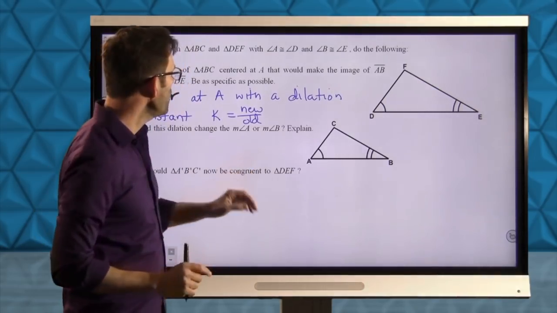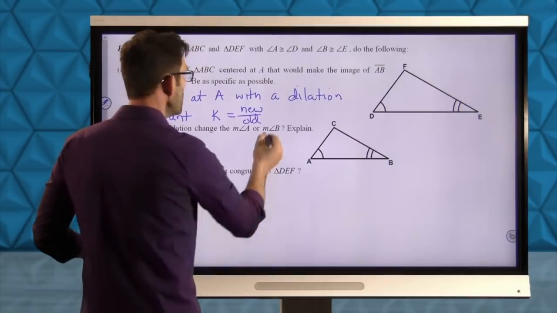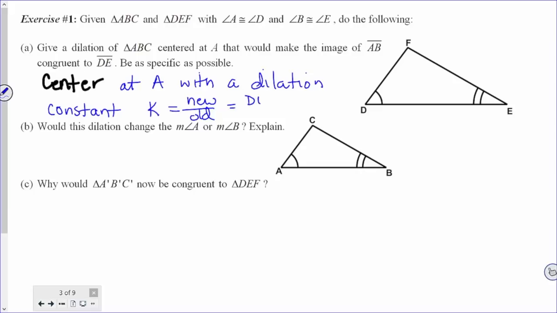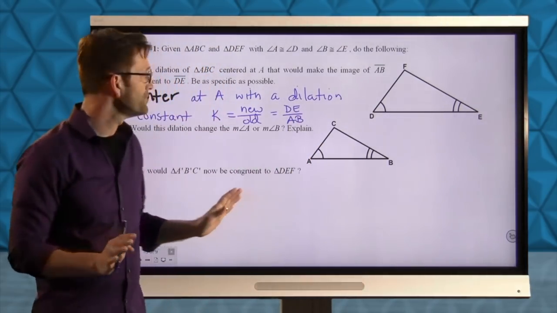Because all we want to do is make the image of AB congruent to DE, I'm just going to say I have a scaling factor of DE divided by AB. That's it. DE divided by AB.